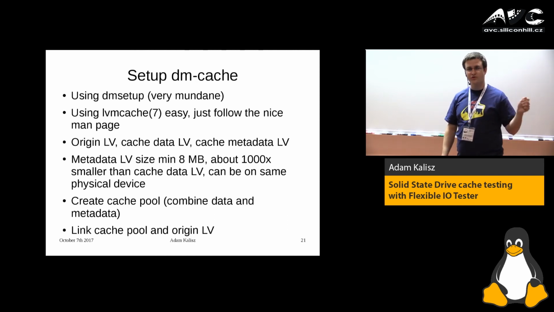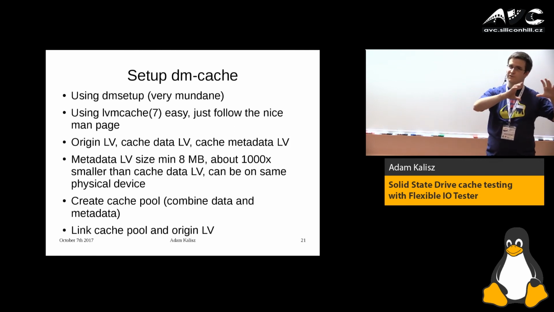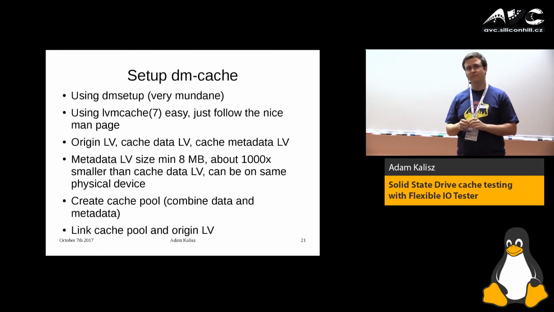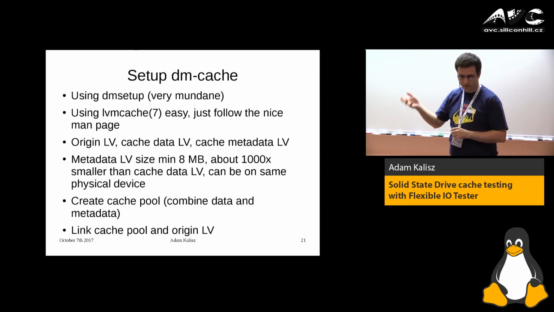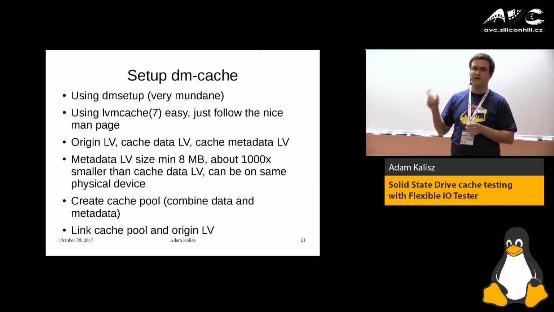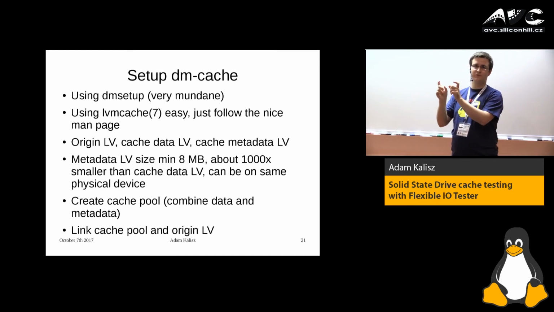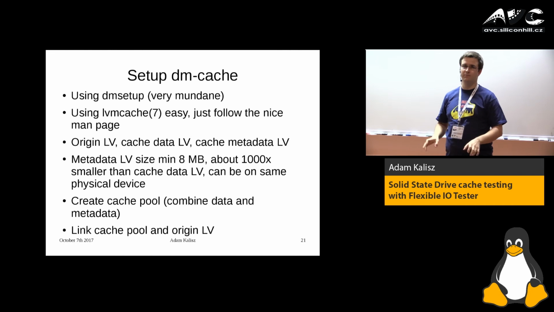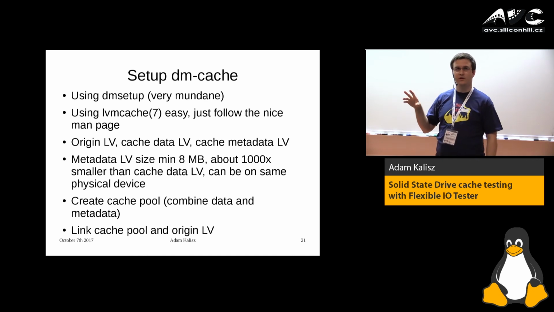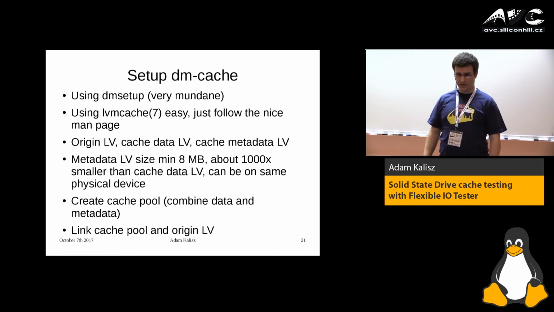You create an origin logical volume that is, you know, the slow device. Then a cache data logical volume, which should be on your fast device, on your caching device, on the SSD or whatever. And you should create a cache metadata LV, or you basically must. You can put those two on the fast device. You can also split them. The metadata logical volume is small. It's about 1,000 times smaller than the capacity of the cache data logical volume. That's just one thing to keep in mind.